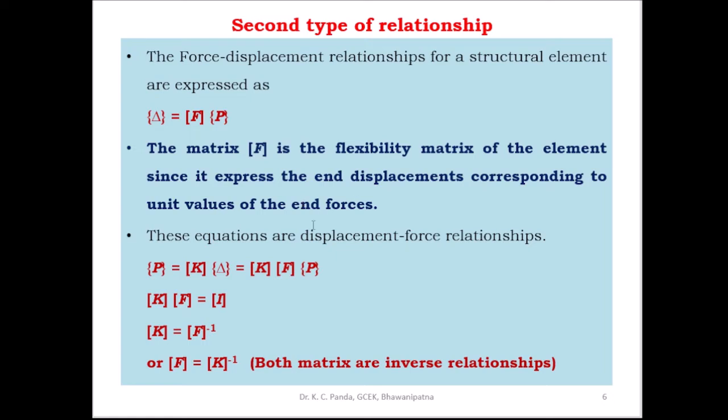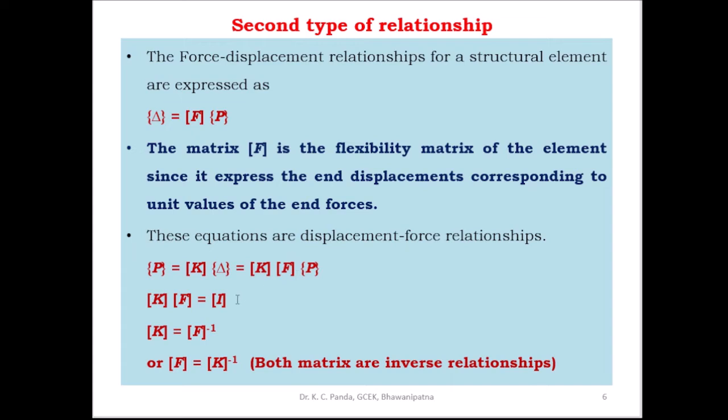Then what is the relationship between the stiffness matrix and the flexibility matrix? Here we know P = K δ, and δ = F P. After putting the δ value here, the expression becomes P = K F P. K is the stiffness matrix and F is the flexibility matrix.